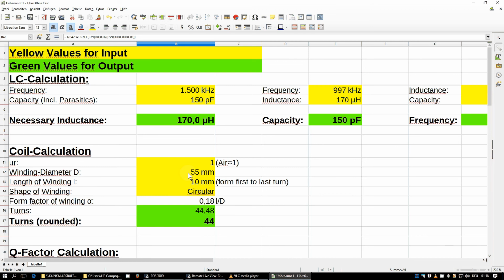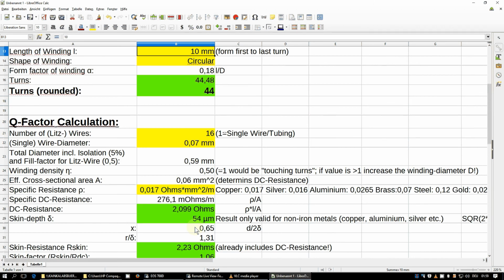But we can get relatively near with some little tricks, by interpreting the winding diameter as somewhere near the outer diameter and the length of the winding as simply the difference between the outer and the inner radius. And we can even simulate manually the special type of winding where one turn is on the front side of the winding template, and the next winding is on the back side.